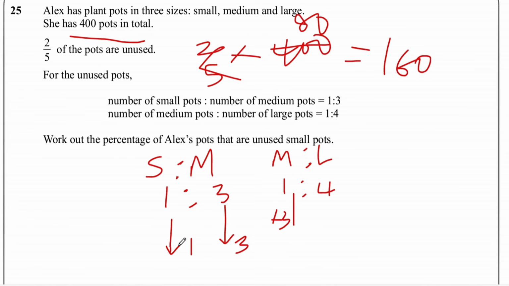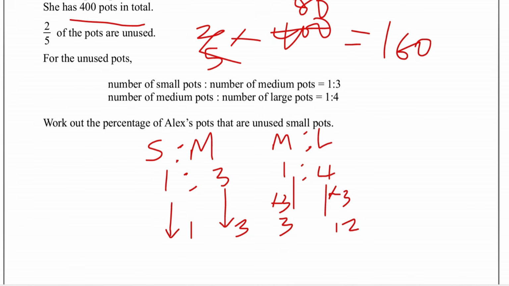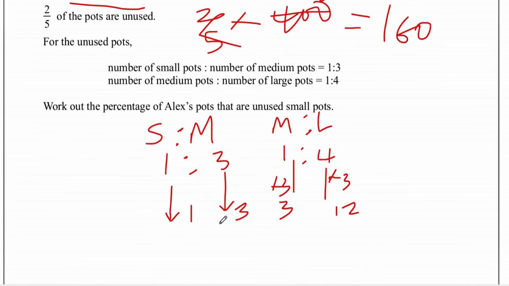Whatever you do to the left, you do to the right. So if you do times 3 here, 1 times 3 will give you 3, and 4 times 3 will give you 12. So you need to have a single ratio for this: 1 to 3 to 12. That's small to medium to large.